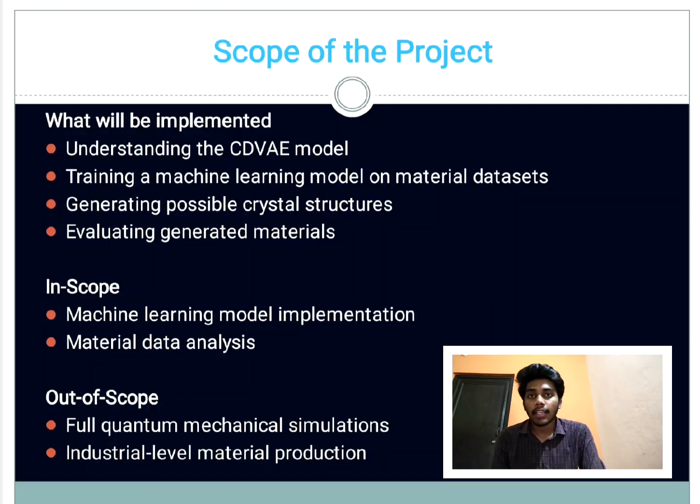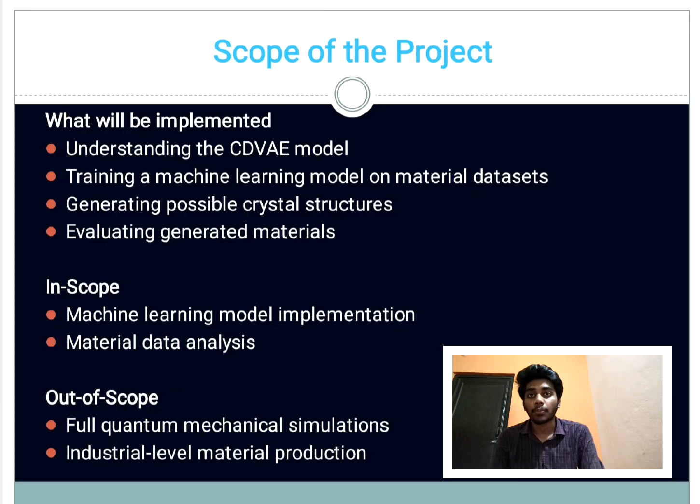In addition to understanding the CDVAE model, our project also focuses on studying how machine learning can assist in material discovery. We analyze how the model learns from existing crystal structure datasets and identifies patterns between chemical composition and crystal arrangement. Another important part of the project is data pre-processing, where the material dataset is cleaned and prepared before training the machine learning model.